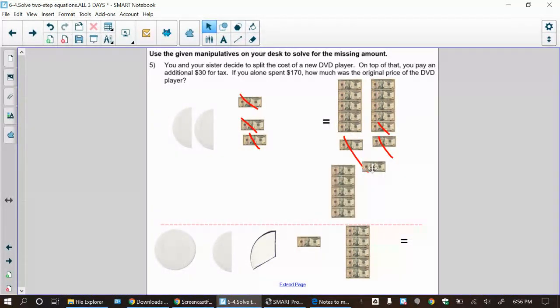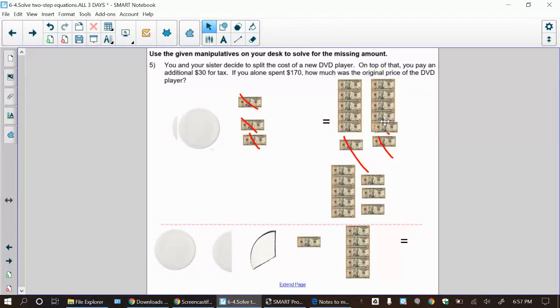There's 50, 60, 70, 80, 90. So altogether, a whole DVD player costs what we would say, there's a 50.